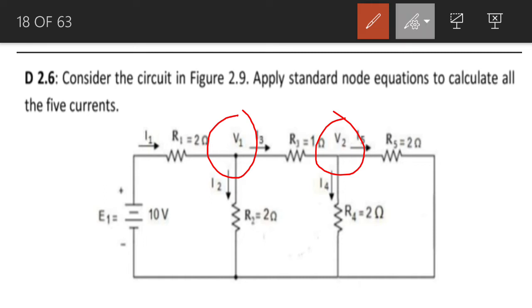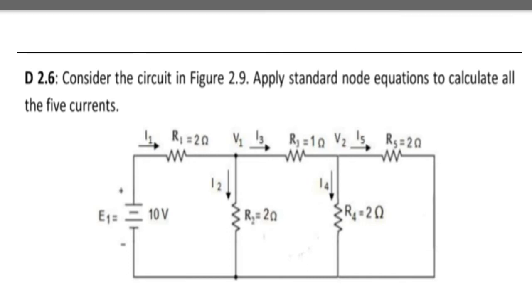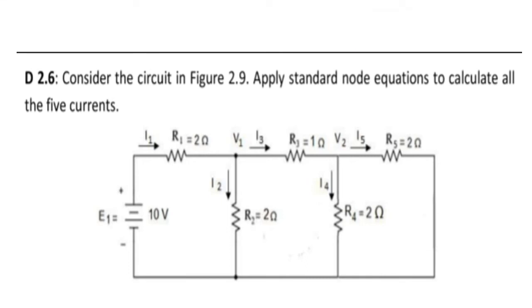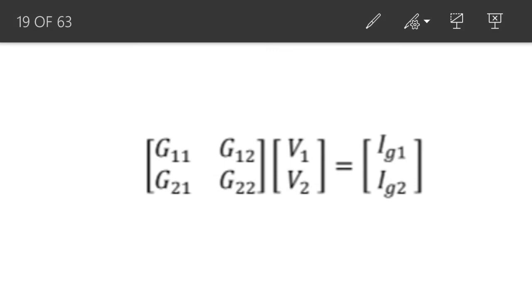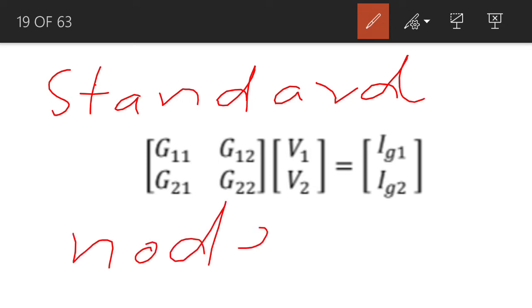So we are going to consider the standard node equation for the given circuit, and these are the standard node equations in the matrices format for the given circuit. The size of the G matrix is 2 by 2. Why? Because there are 2 nodes in the entire circuit.